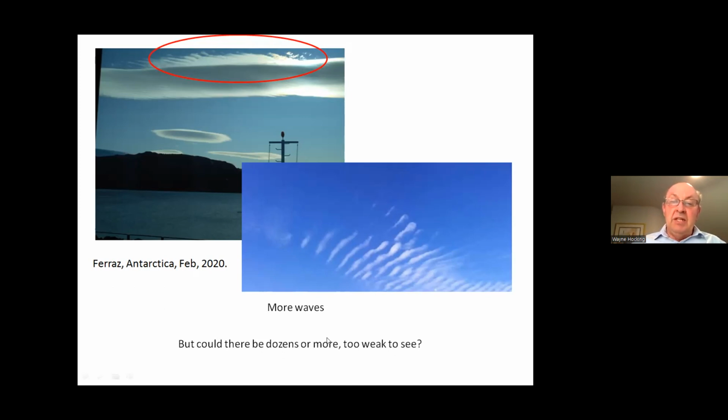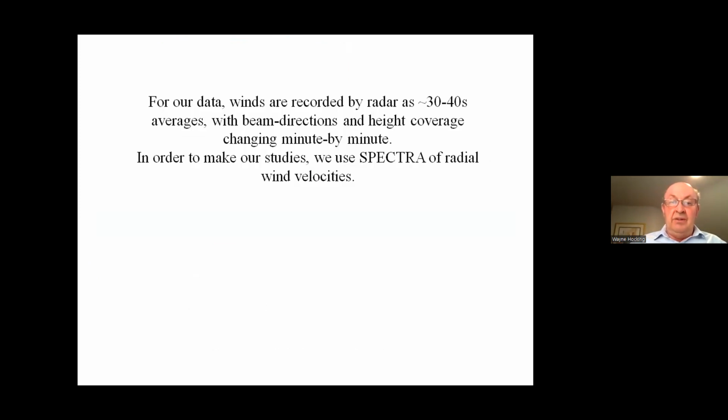The waves I've shown you are visible, but there could be lots and lots of much smaller waves, essentially invisible to the eye, which can have quite dramatic effects on the weather. So what's the balance between the waves and the turbulence, and how do they differ? Can we parameterize and determine in some way what effect they might have? Because this will have big importance in understanding the nature of weather systems in the long term.